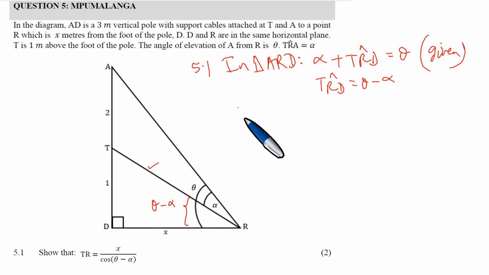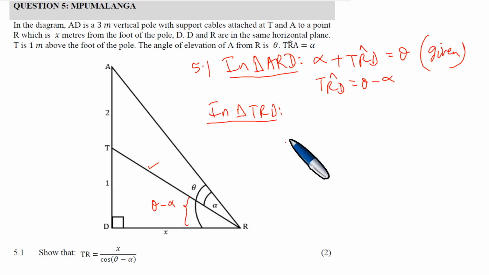Now we have worked in triangle ARD, and we proceed to work in triangle TRD. We need to find TR from it, and we can see what the examiner said we need to show: that TR is X divided by the cosine of theta minus alpha. So we use the cosine function.